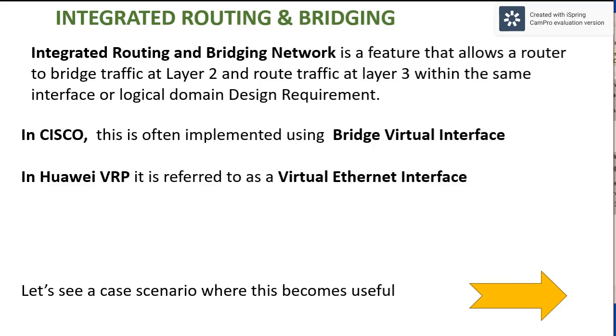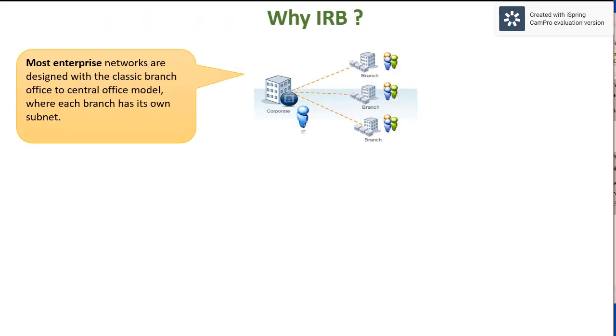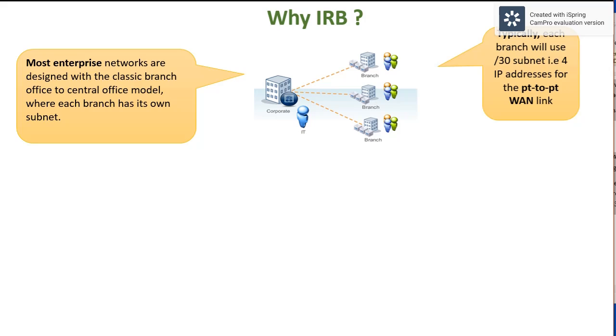Let's see a case scenario where this becomes useful. Traditional enterprise designs use the branch office to central office model as shown. Typically, each branch will be connected to the central office using WAN links, point-to-point WAN links, usually on a /30 subnet.